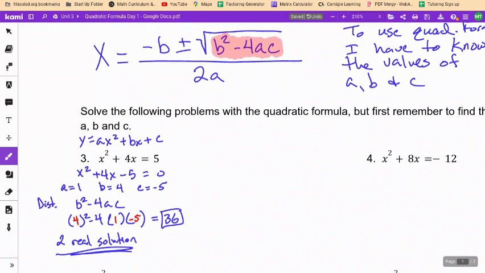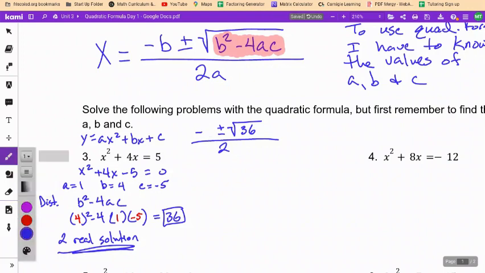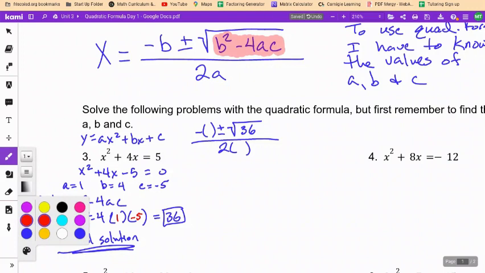So I continue with my quadratic formula. x is equal to negative b plus or minus the square root of, now we know the discriminant was 36, all divided by 2a. Here's what I need to do: I'm going to substitute for a and b. b was 4, so I put a 4 there, and a was 1.